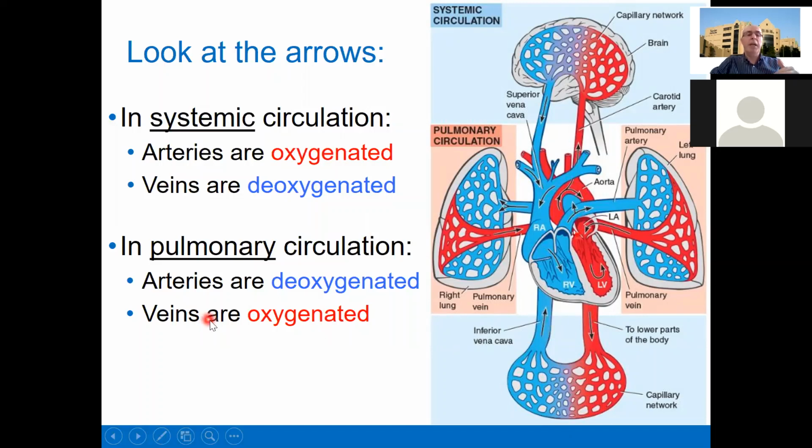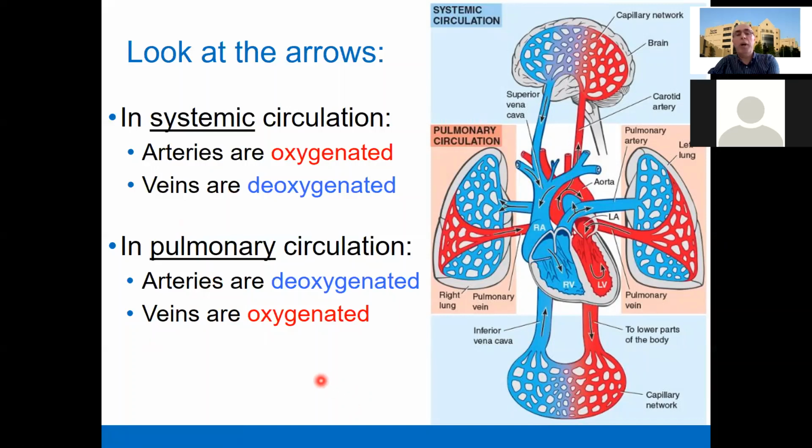But in the pulmonary circulation, arteries are deoxygenated. This is a difference between systemic and pulmonary arteries: in systemic circulation, arteries carry oxygenated blood, but in pulmonary circulation, arteries carry deoxygenated blood.